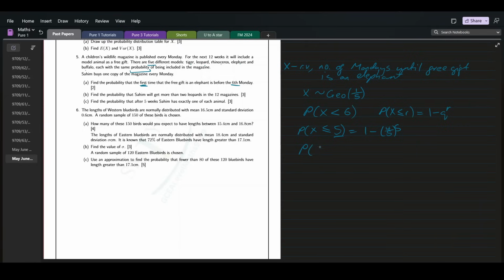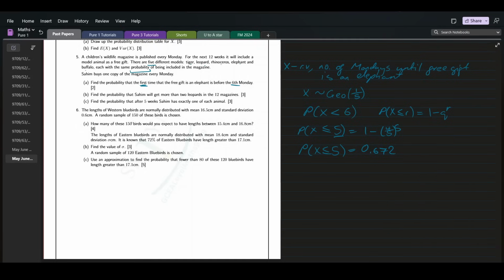So the probability that x is less than or equal to 5 is 1 minus 4 over 5 to the power 5, and this gives us 0.672. And this is our final answer for part A.